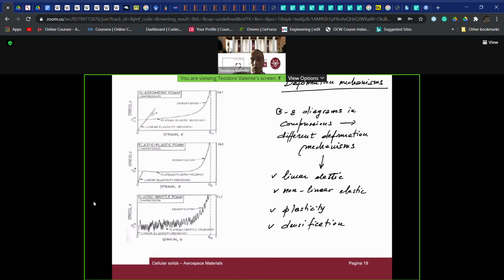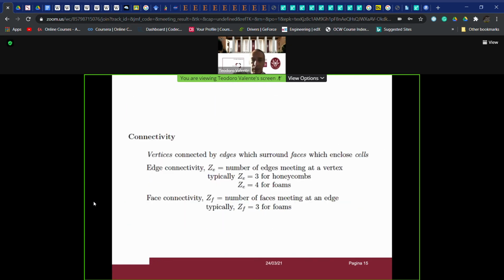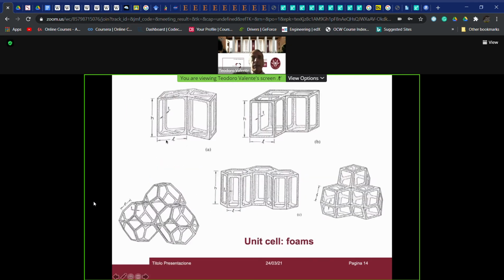And why do we have this fragmentation? We will recall this concept more deeply when we make some further additions on the behavior of ceramic materials, because we are discussing unit cells like this one.